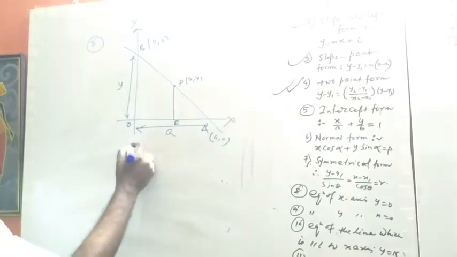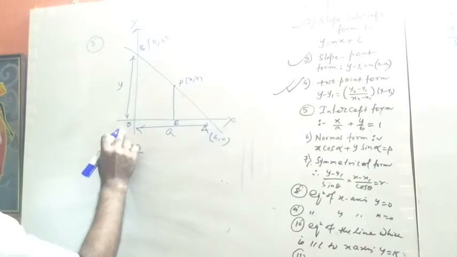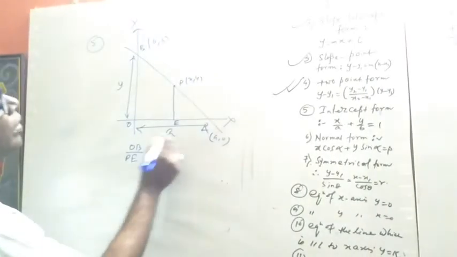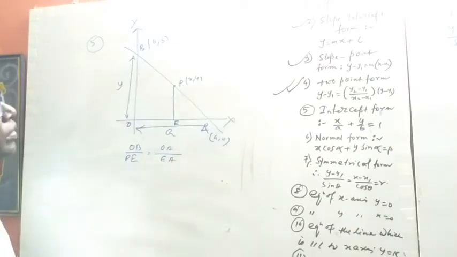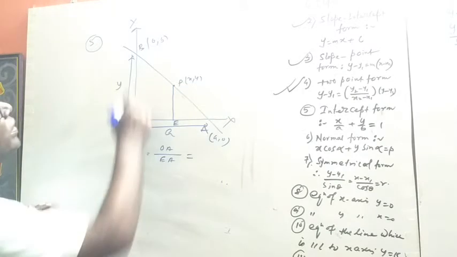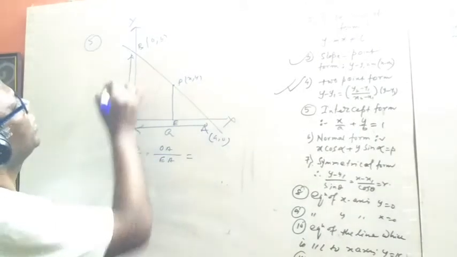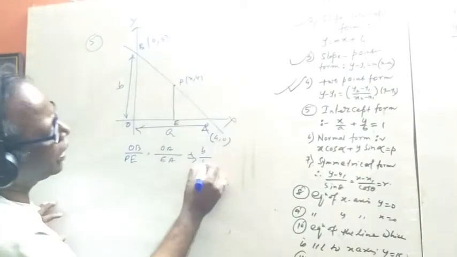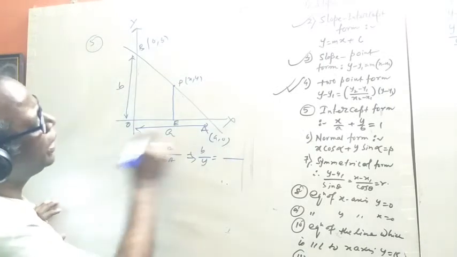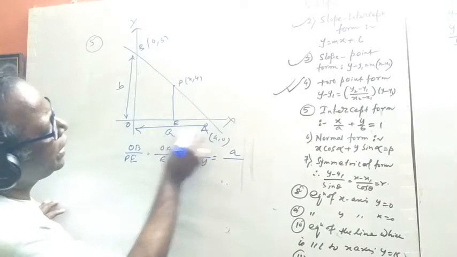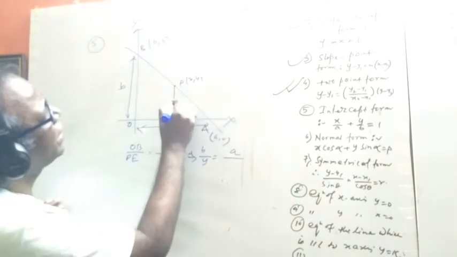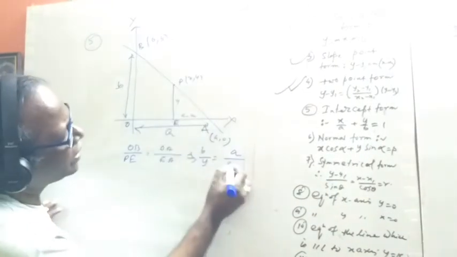OB is b, PE is y, OA is a, and EA, the whole length is a and this is x, so EA is a minus x.